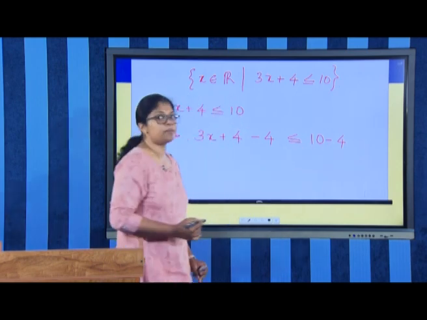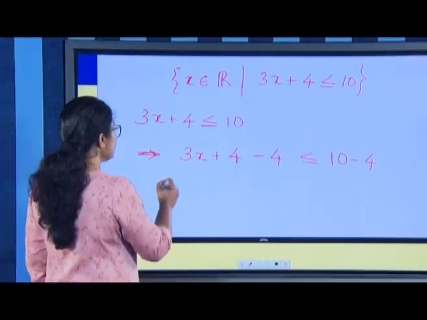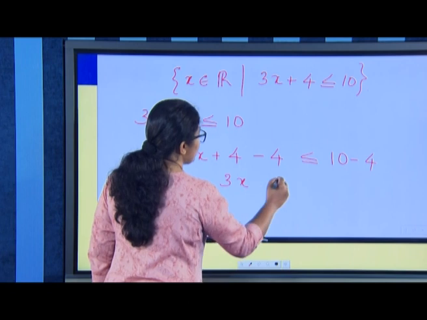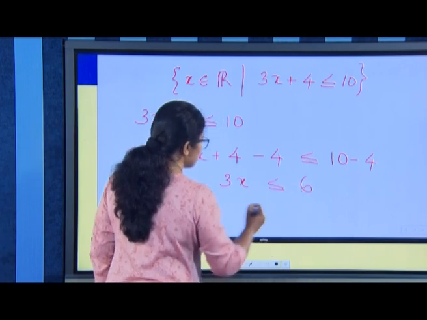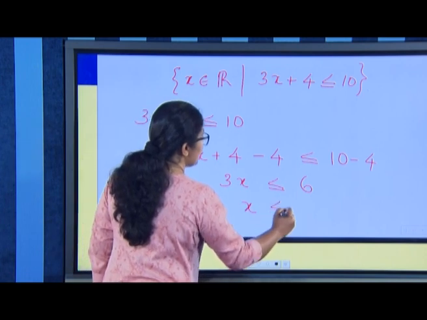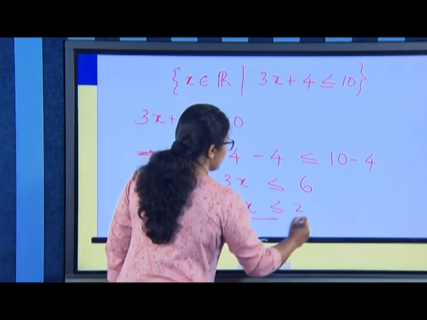The inequality remains exactly the same. So, that is same as 3x is less than or equal to 6, which simplifies to give x less than or equal to 2.